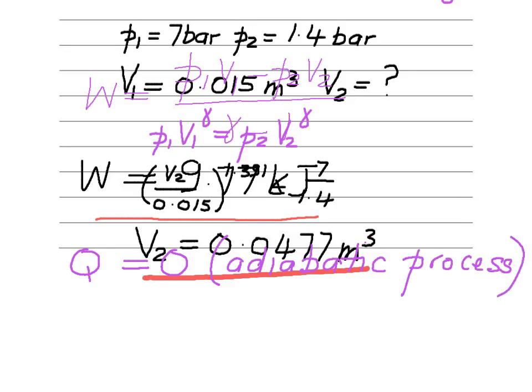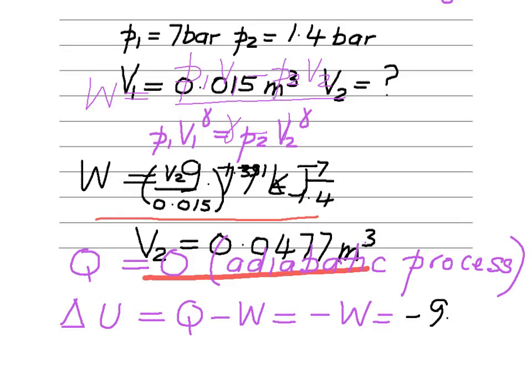And the last answer is the change of internal energy, which is equal to Q minus W, but Q is 0, so that is equal to minus W, which works out quite nicely. We just copy the value 9.77 and put a negative sign. And that's our final answer.